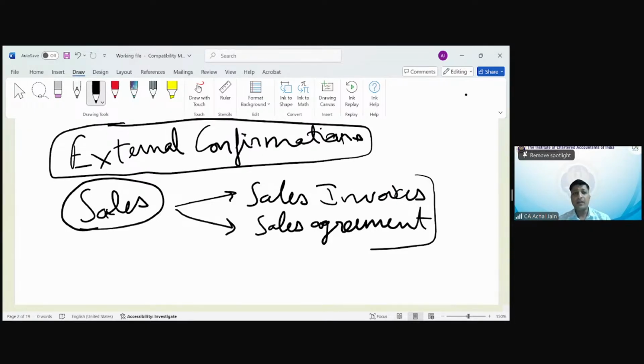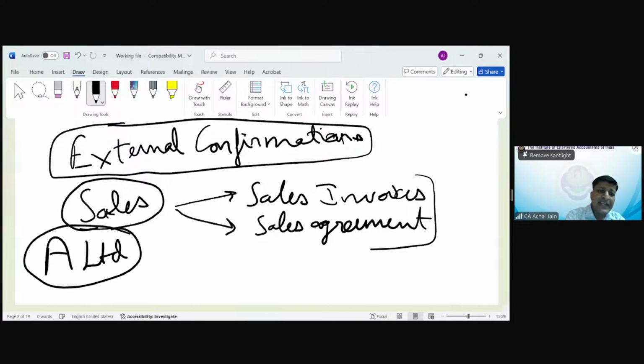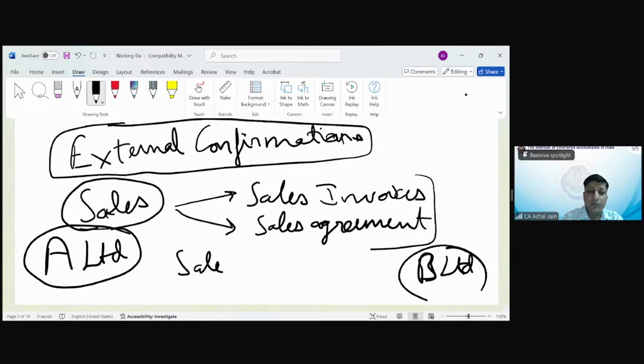For example, let's suppose your client is A Limited, it has sold goods to B Limited, and you got the sales invoice. You may be thinking, but what if the sale has not actually taken place? It's a fake invoice created by the company. Now what can you do?